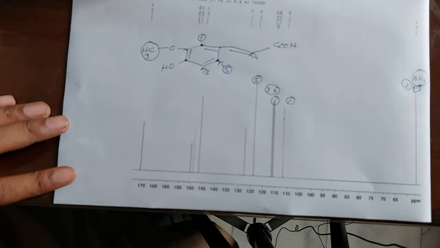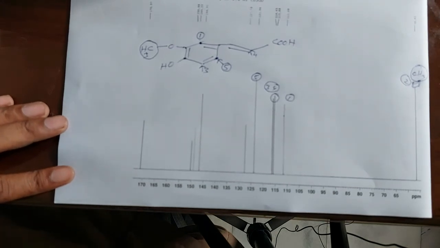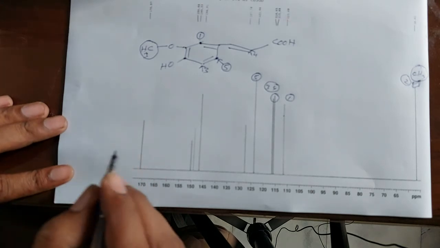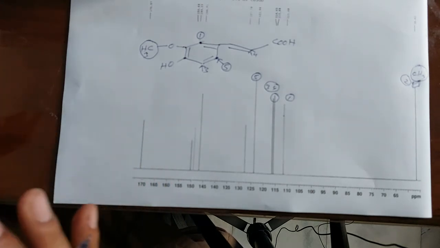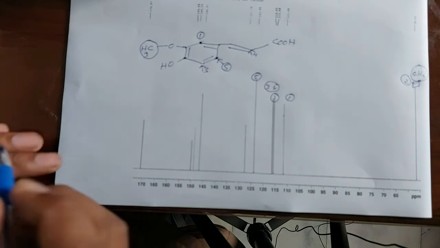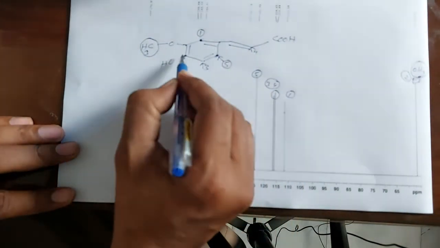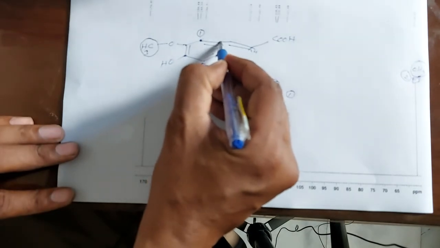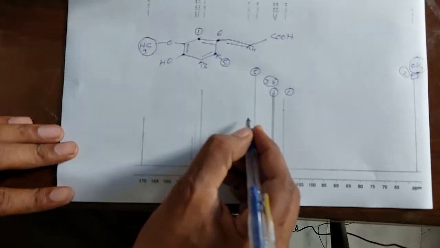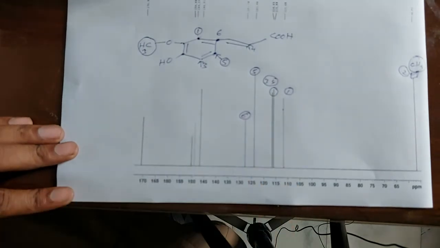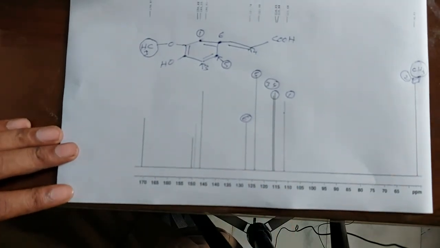Okay, fine. Next we move to the next carbon. Because we are going downfield, this carbon is 5 at meta position, and this carbon that is para to OH is nominated as 6, and this peak is 6.